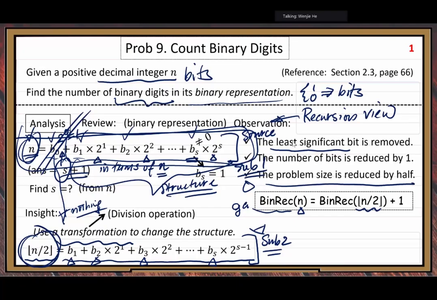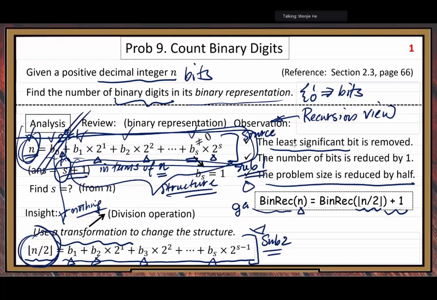It is approximately half of the original problem size, but still the same problem, so we call the same recursive function, and the difference is 1, so we add that difference 1. That's our main recursive formula here. If you can solve this recurrence equation, then you get a final solution.